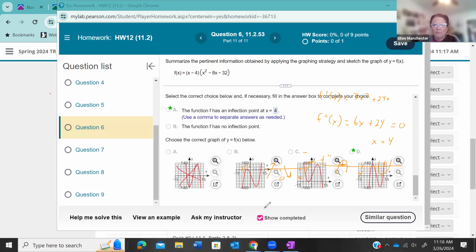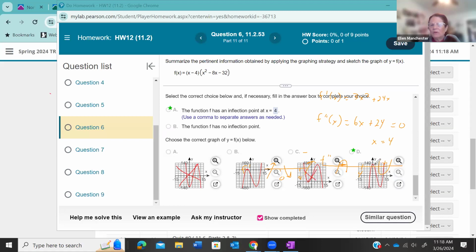This one is gone. This one is a possibility because it goes up, then down, then up. But notice where your maximum is. You see how your maximum is at 0? We showed our maximum at 0 and our minimum at 8. So this is still a good possibility. Okay. This one we know is gone because that's no good.